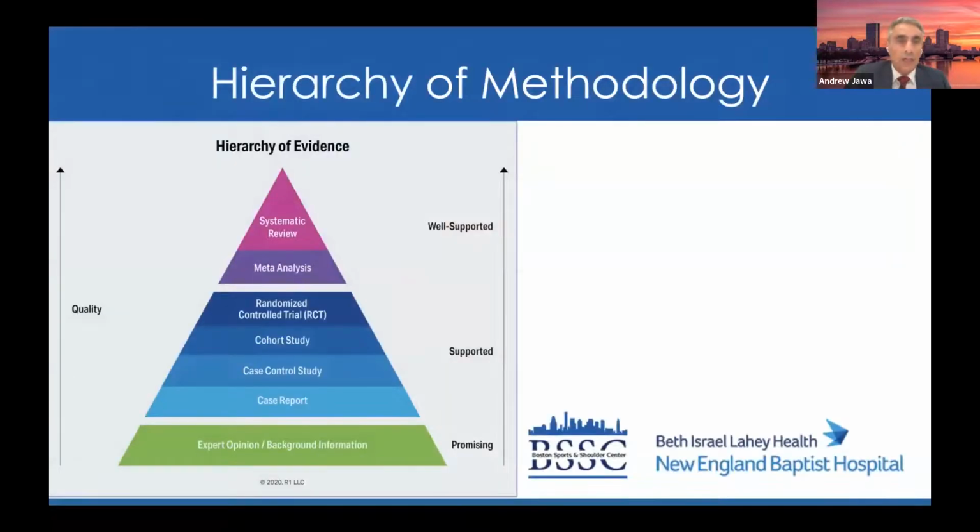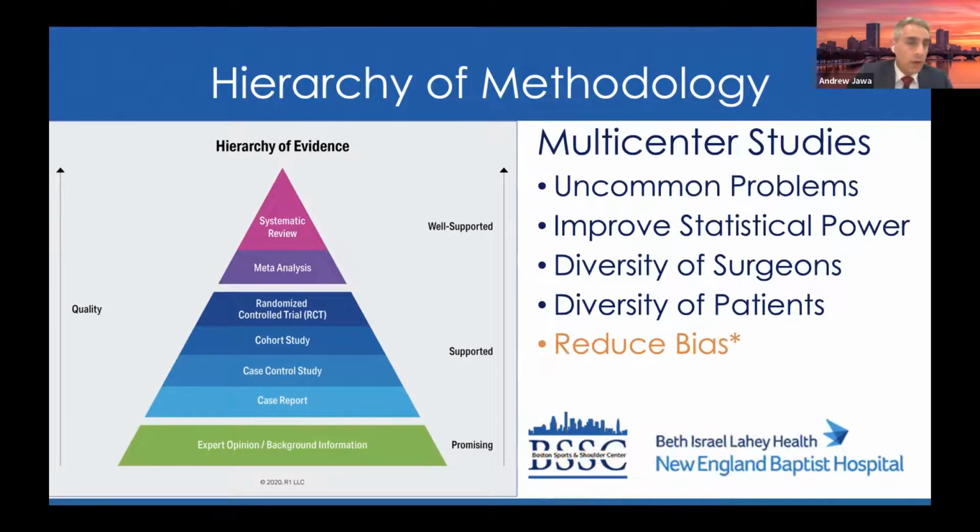So we've already talked about the hierarchy of evidence: systematic reviews, meta-analysis of RCTs, and good data is the best. But you can do multi-center research for all of these, for RCTs, cohort studies, case control. And it's really good at looking at uncommon problems, not just rotator cuff tears, which are common, but specifically stress fractures, which we'll get into, where we see it in maybe 3 or 4% of patients, where any individual person's practice is not going to give us insight.